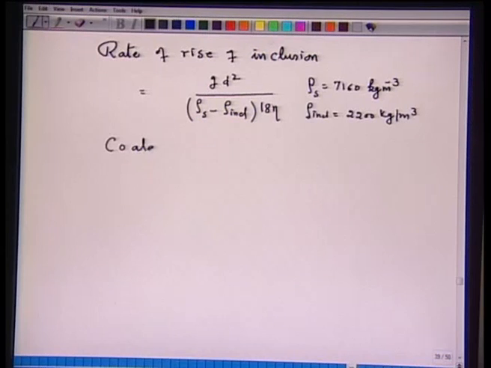So, what is important from here is that coalescence of inclusions is important. Smaller diameter inclusions will take a longer time to float. Larger diameter inclusions will take a smaller time to float. Anyway, the problem is with the smaller size inclusions.